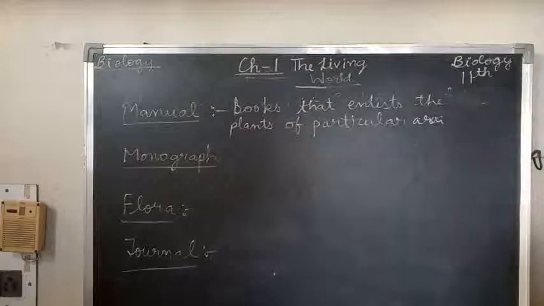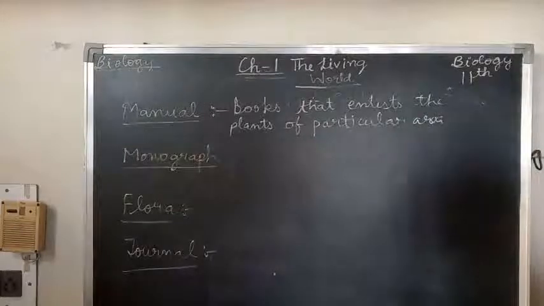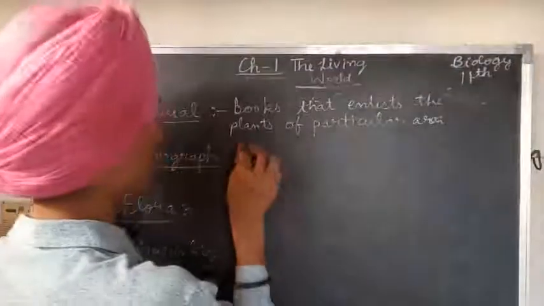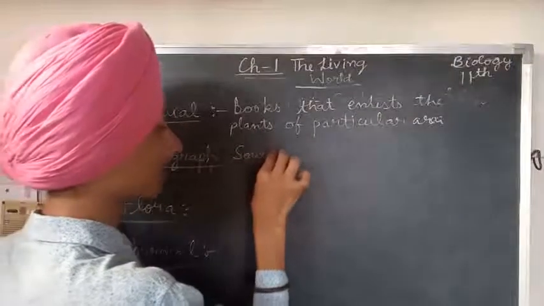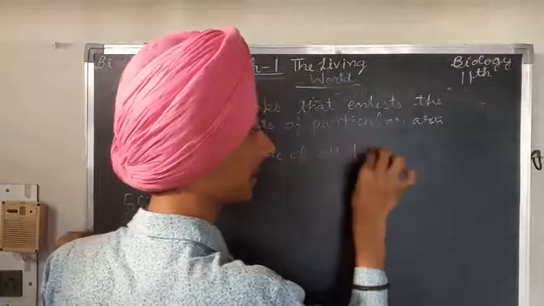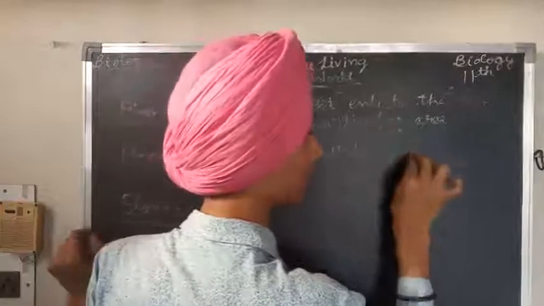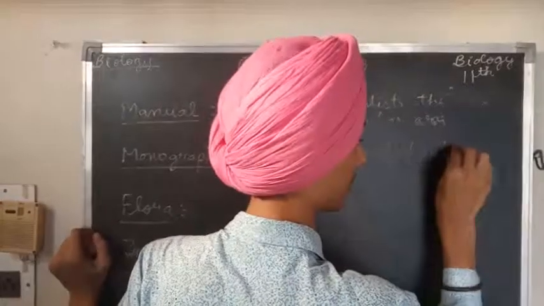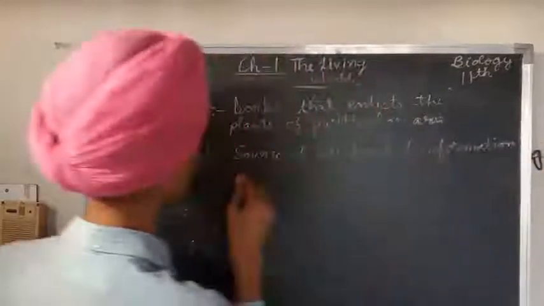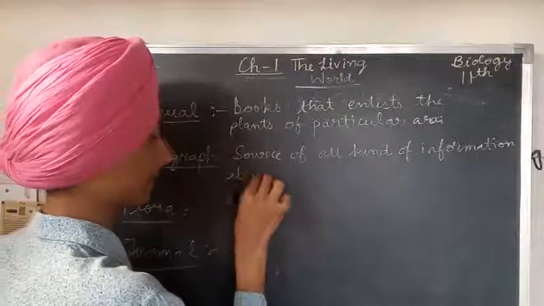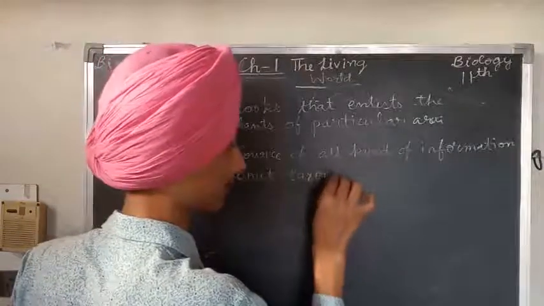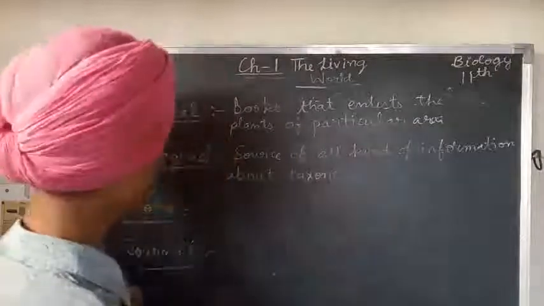The next one is monograph. A monograph is a source of all kinds of information about taxa. Clear?